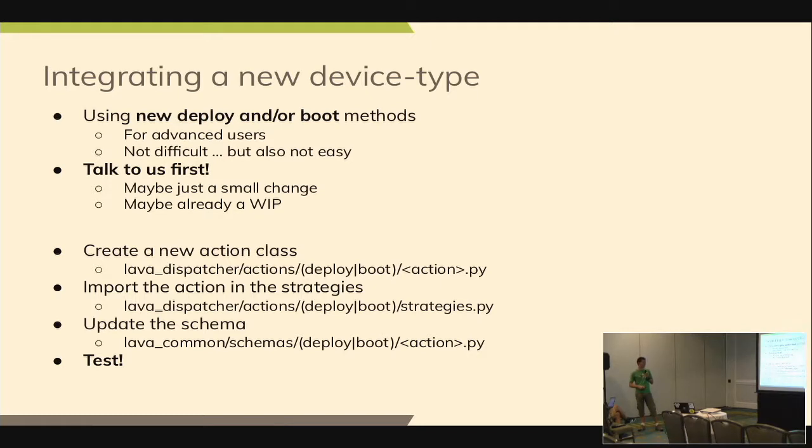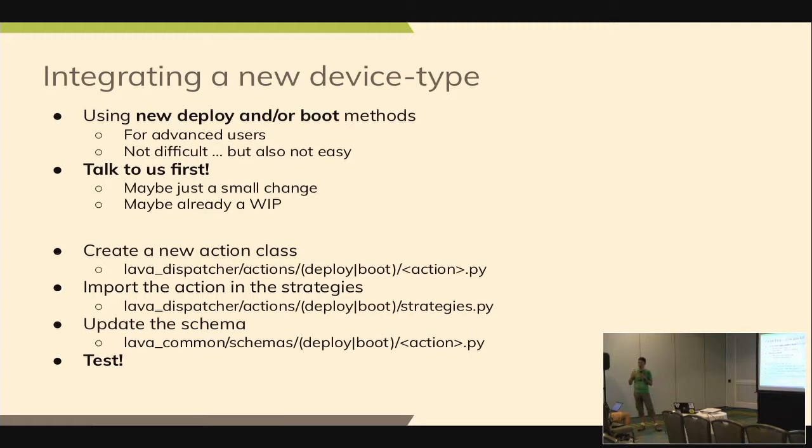and you will also have to update the schema, because now when you submit a job, we validate that the job definition that you provide is valid. So we have a schema that describes every option and every method that does exist, etc. So if you create a new one, by default, it will be rejected at the submission stage.